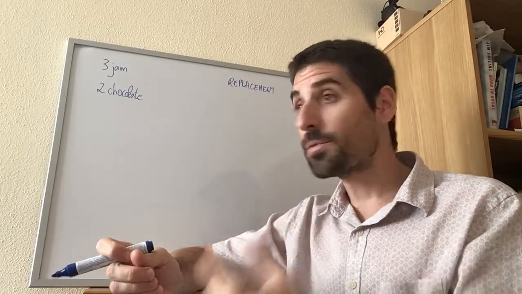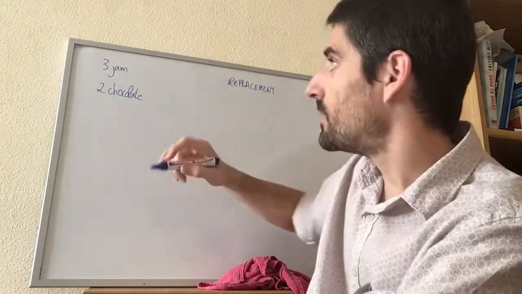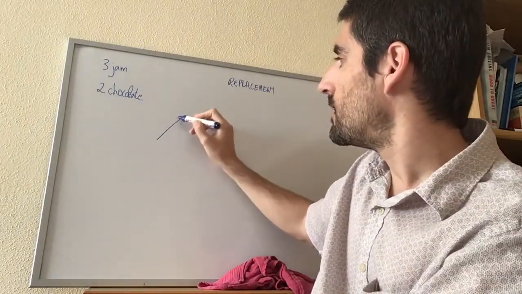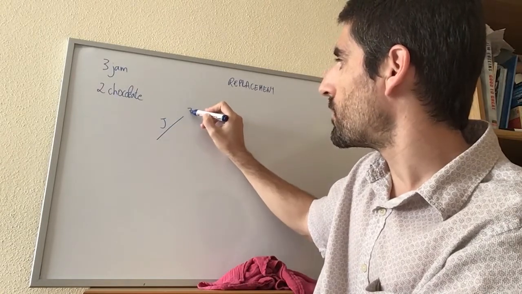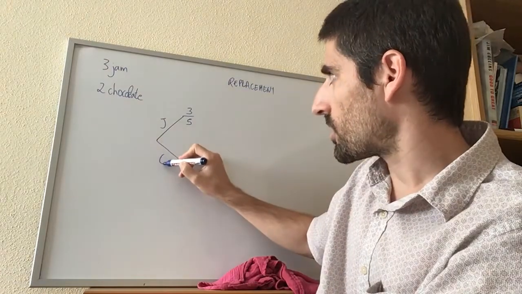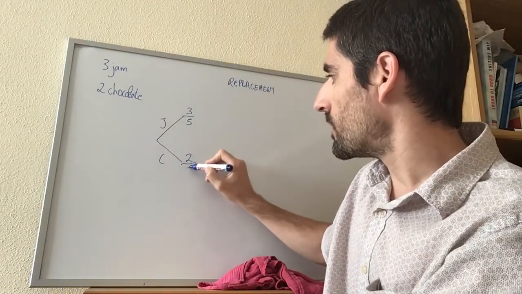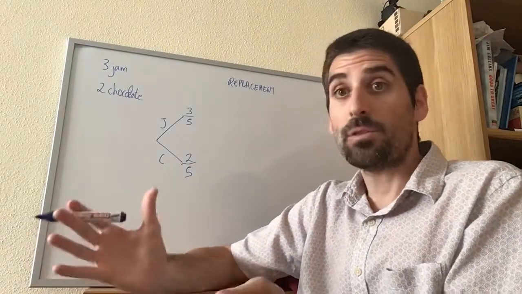Okay, so first of all, first event is the first donut, and either it's jam with a probability of 3 out of 5, or it's chocolate with a probability of 2 out of 5. That's the first donut, isn't it? I've got 3 out of 5 and 2 out of 5.